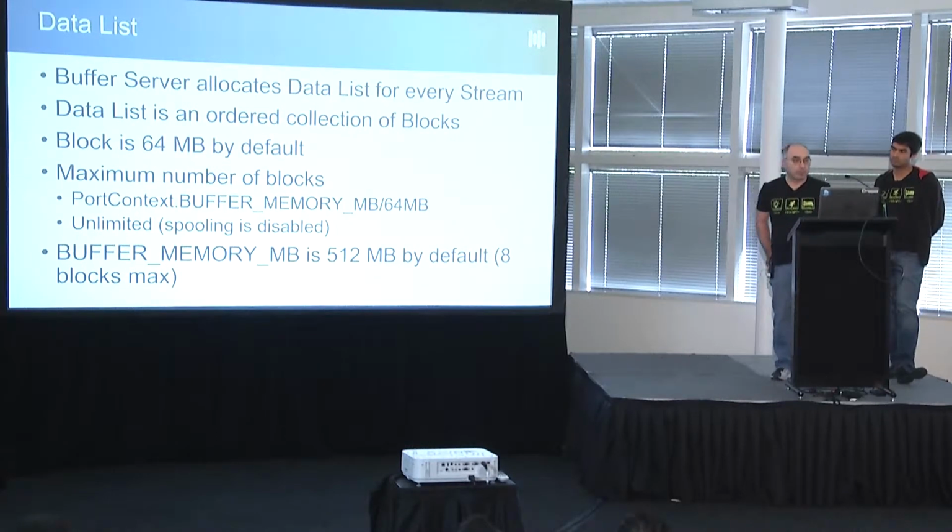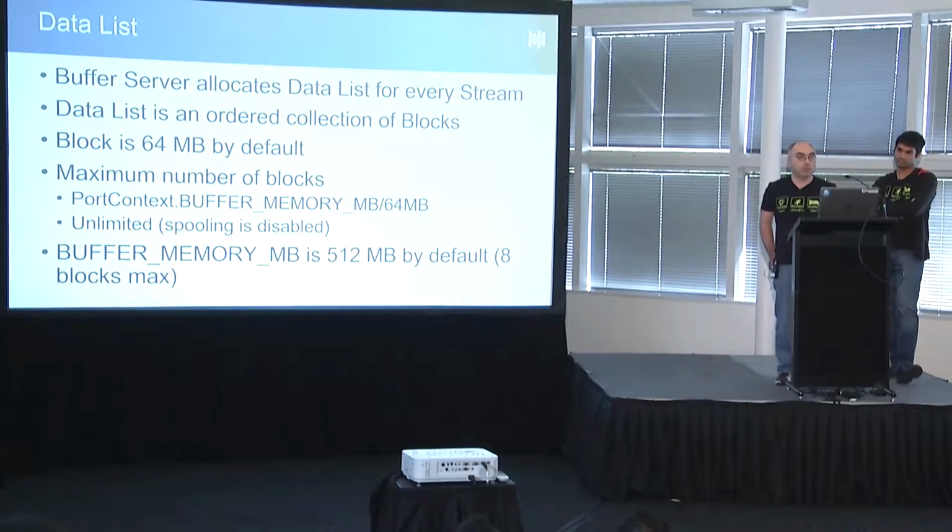There is a limit on the maximum number of blocks that the buffer server may keep in memory. In case spooling is disabled, it's unlimited, right? So even though we can reserve some amount of memory for the buffer server, if it needs to allocate more blocks, it will continue to allocate.